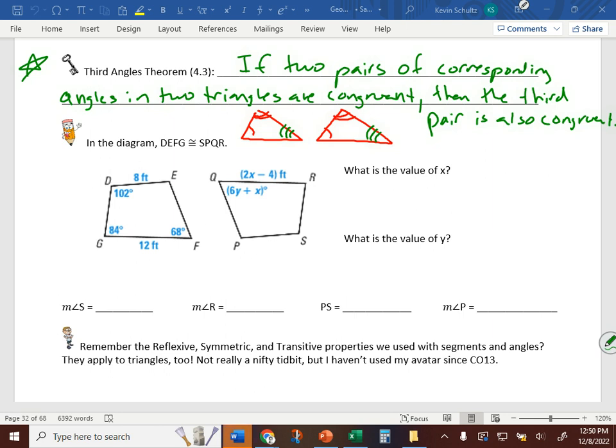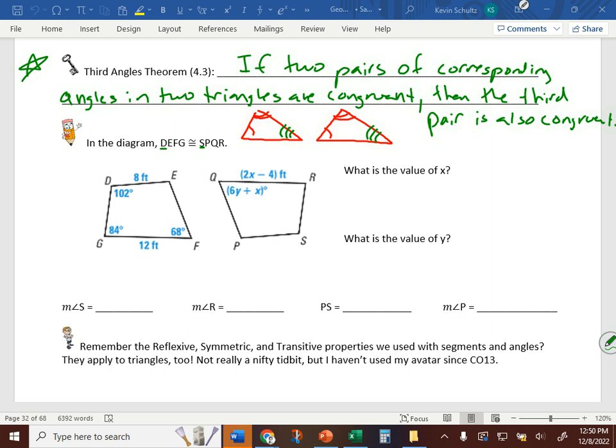Okay. Down below it says in the diagram, DEFG is congruent to SPQR. The importance of a congruency statement is, like I said, it gives you those corresponding parts. You can kind of probably tell that those two shapes are not in the same position, right? The second one's been flipped or turned or rotated or whatever. But what this tells you is that angle D corresponds with and is congruent to angle S, right? Because of the first letter of each statement.